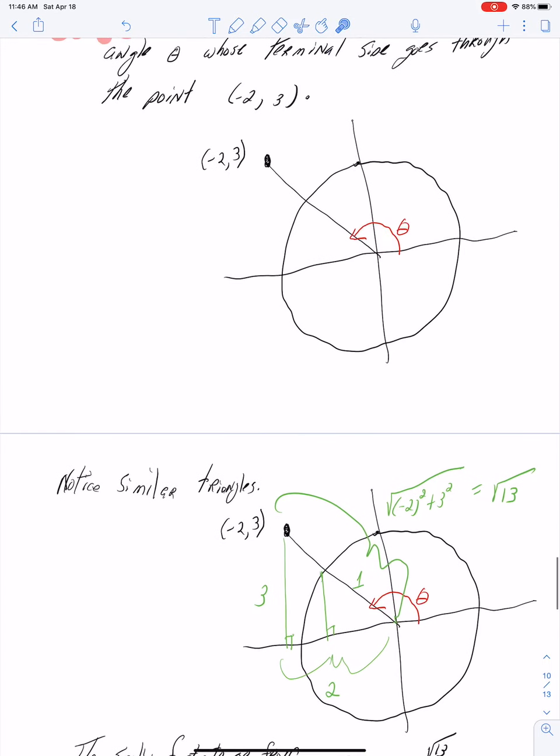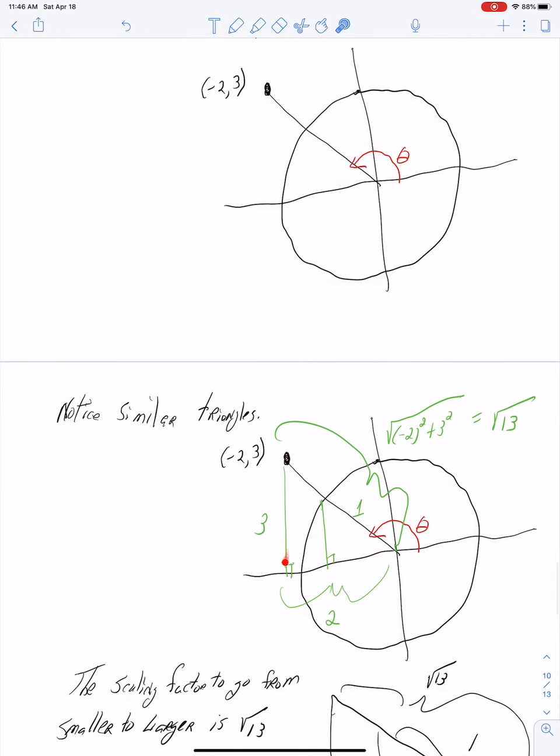All right, so the way I play this game is I drop perpendiculars from this point down and from this point down. And I've done that in this picture here. That gives me two triangles, this triangle here and this triangle here. Guess what?